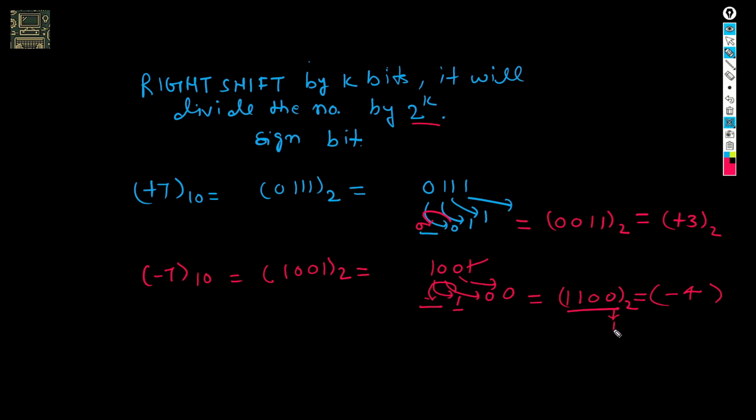This has a weightage 1, this has a weightage 2, this has a weightage 4, and this has a weightage minus 8. So this is minus 8 plus 4, and you will get minus 4. So when you shift it by 1 bit, you divide the number by 2 and you get the result in the decimal number system. This is actually an important property of 2's complement number representation.